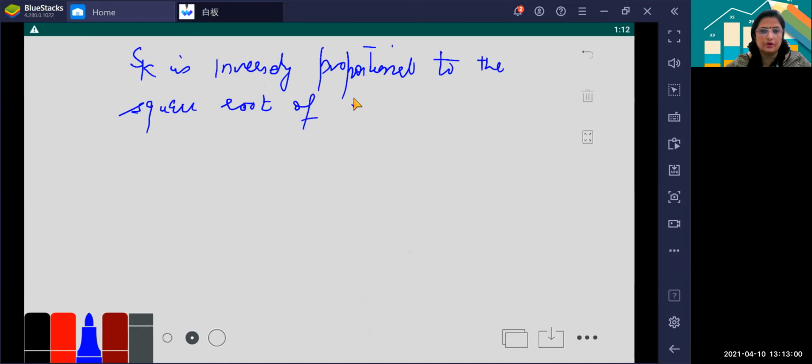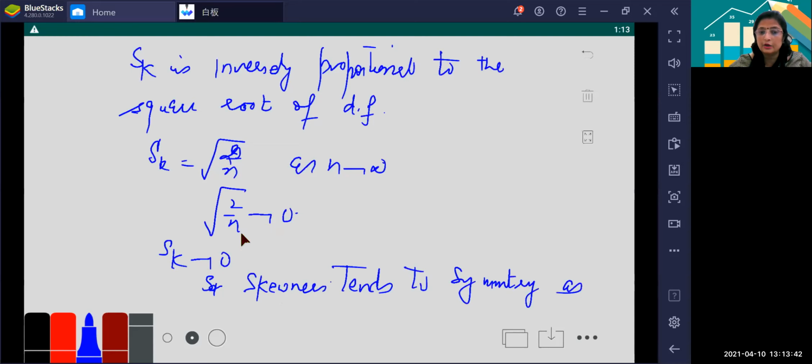It implies skewness tends to symmetry as n tends to infinity. n कौन है यहाँ पे? डिग्रीज ऑफ फ्रीडम. As degrees of freedom increases.